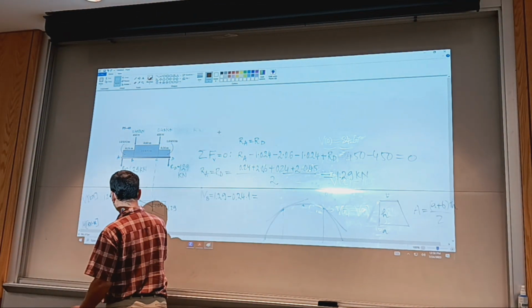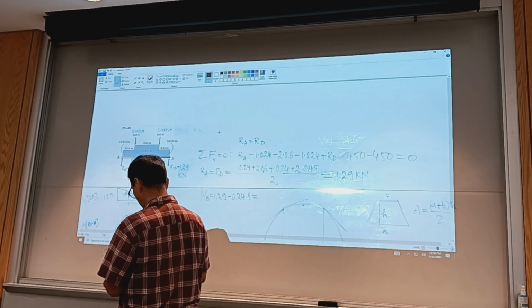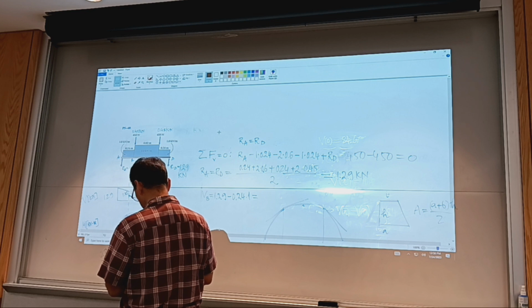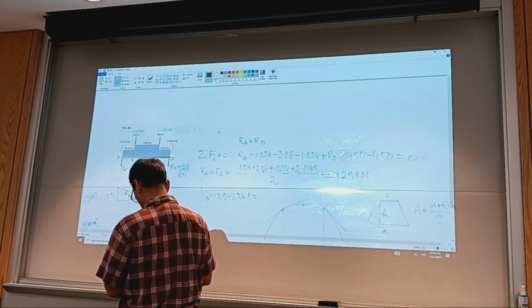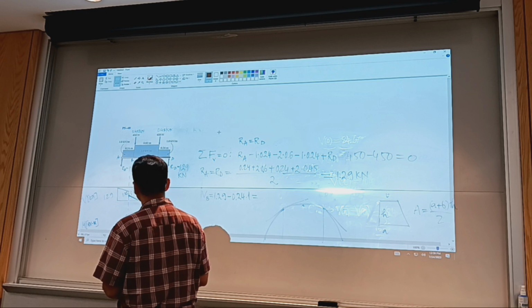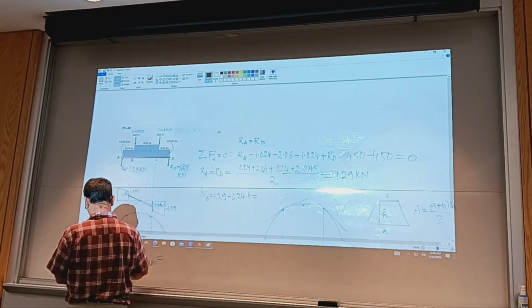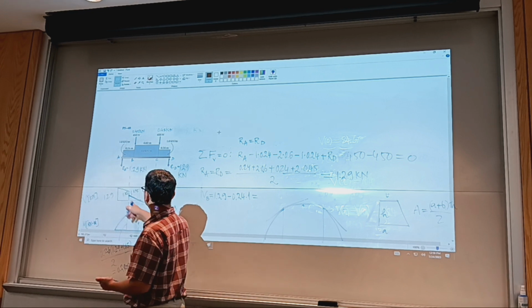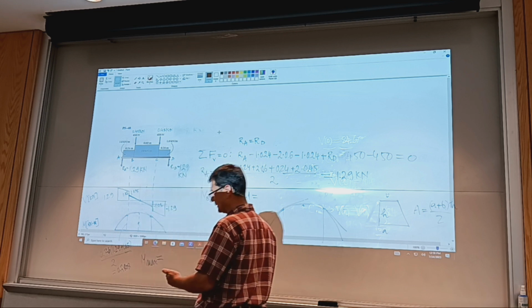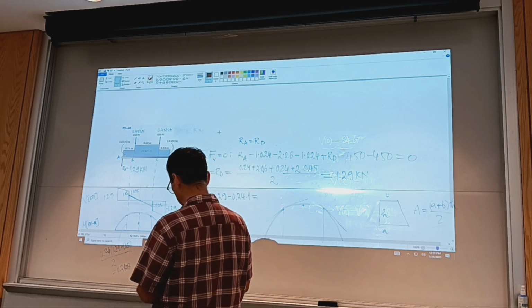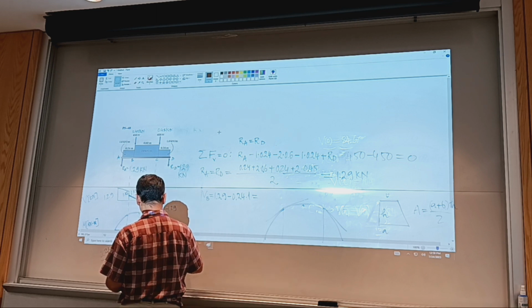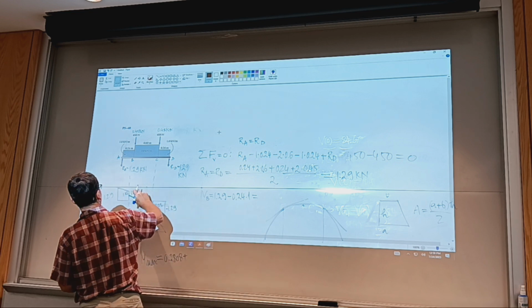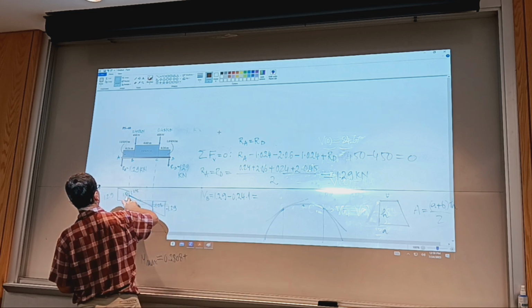So it's 0.24 times (1.29 plus 1.05) over 2, which is 0.2808 kilonewton meters, and to this I'm adding the area of a triangle.